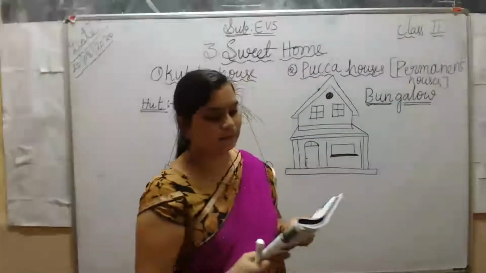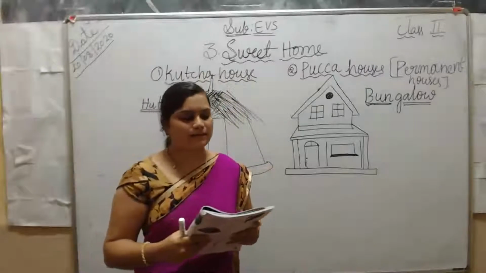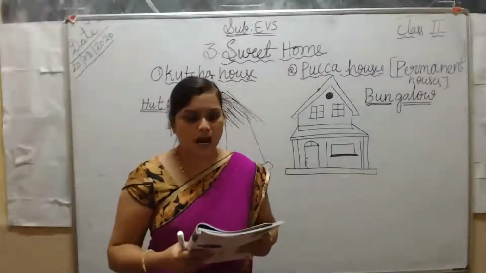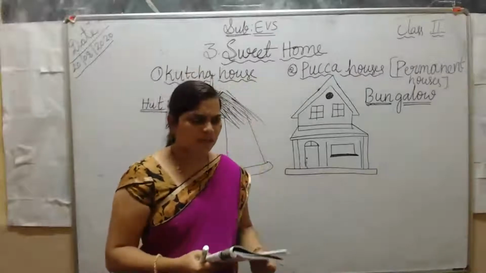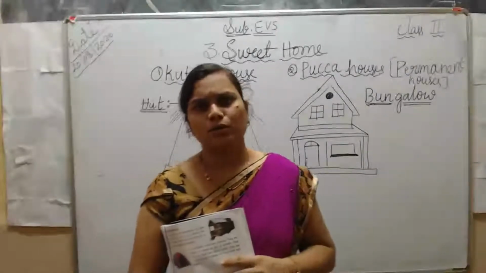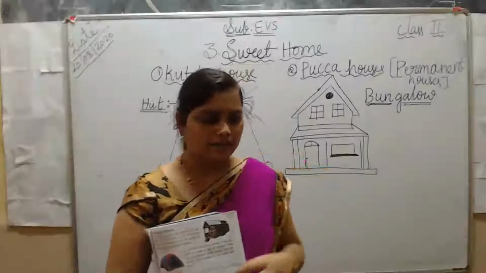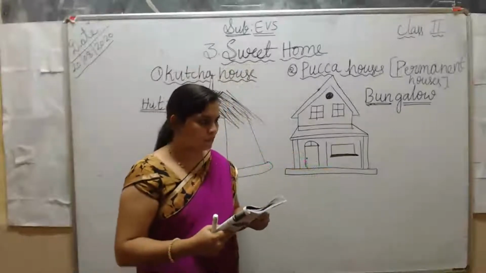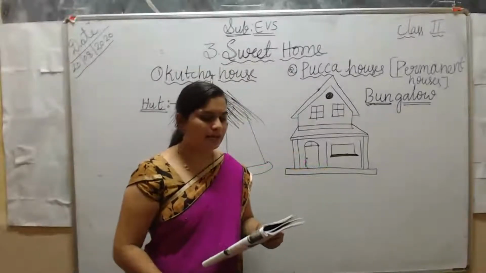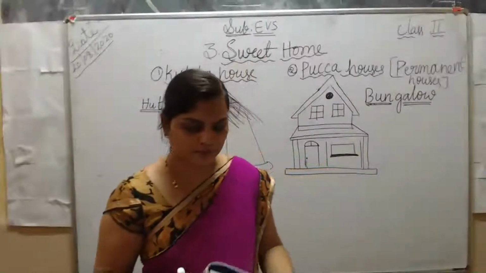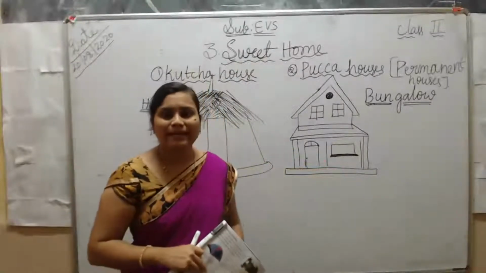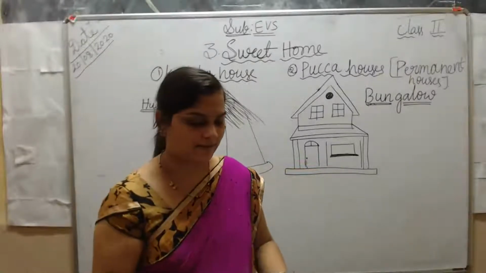Flats are common in cities where land is less and demand for houses is more. A flat contains 2 or 3 rooms in a small place, and it's in very high demand in cities.